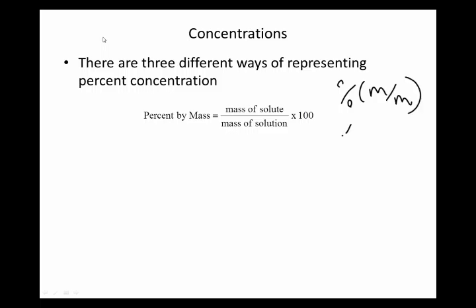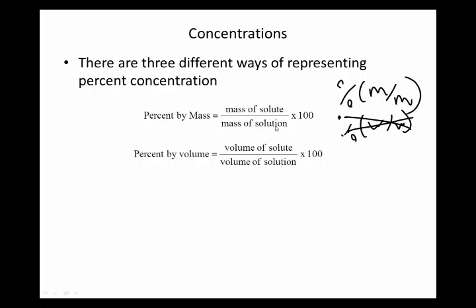And older books might say percent w/w because they're using weight, but that's not really technically correct. Percent by mass is the mass of the solute over the mass of the solution. Now again, this is solution. This is both the mass of the solute and the solvent together, right? Percent by volume: volume of solute over volume of solution. And this is often abbreviated percent v/v.